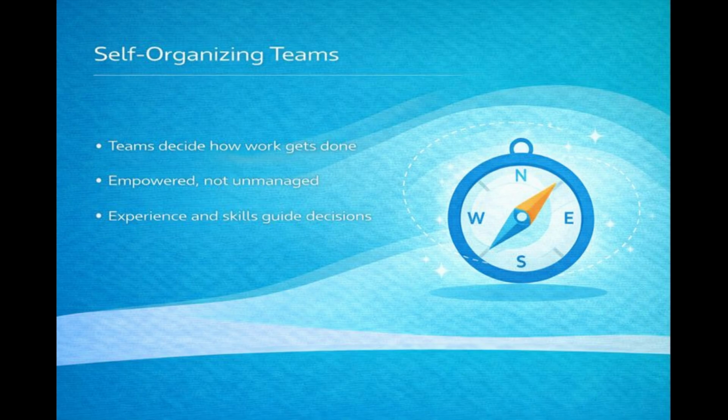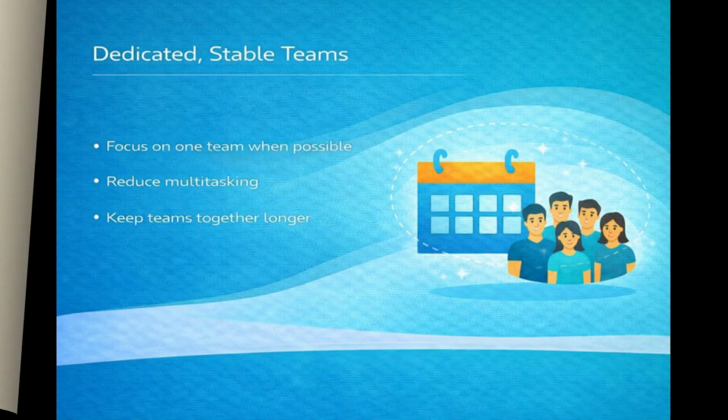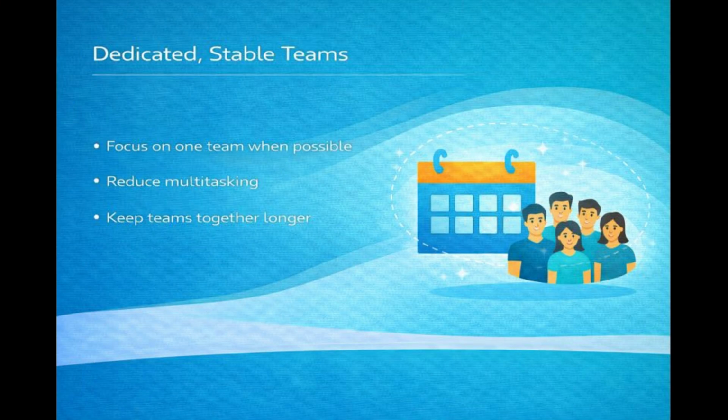Self-organization does not imply equal experience or authority, but rather empowered decision-making supported by diverse skills and perspectives. 5. Limit multitasking. Ideally, team members focus on one Scrum team. Excessive allocation across multiple teams increases delays and reduces effectiveness.